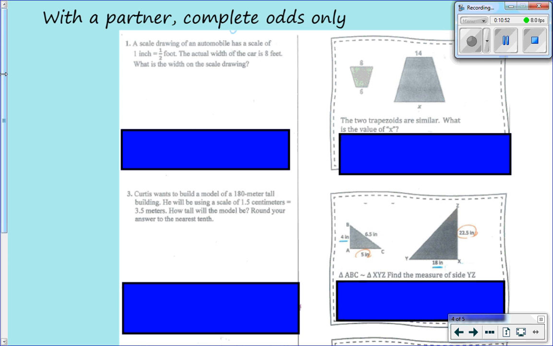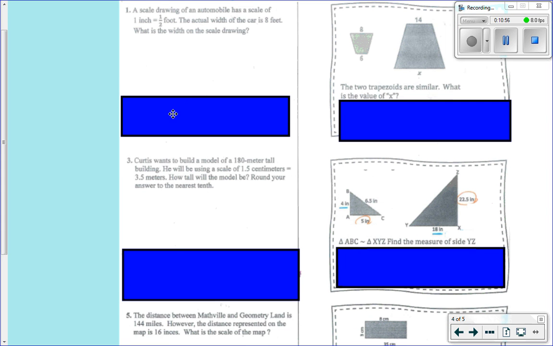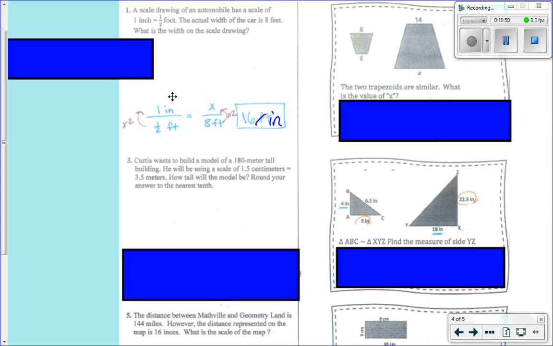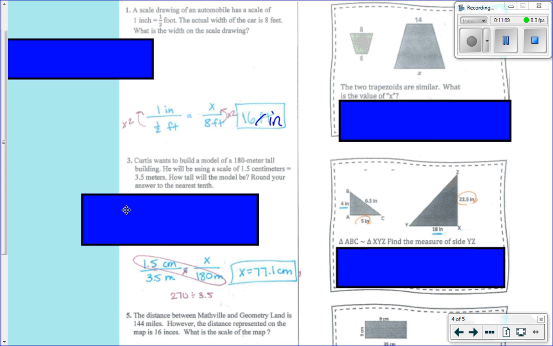Let's look at numbers 1, 2, and 3. Did y'all get 16 inches for number 1? Oh. Questions? Okay, number 3, 77.1 centimeters. We're good with that? Okay.